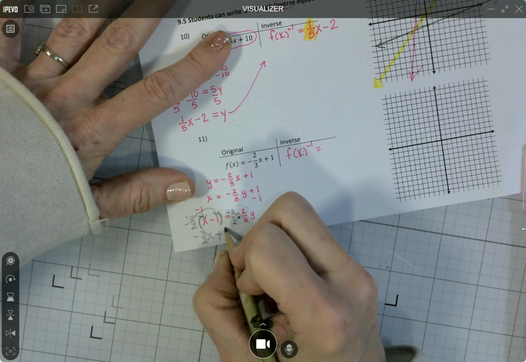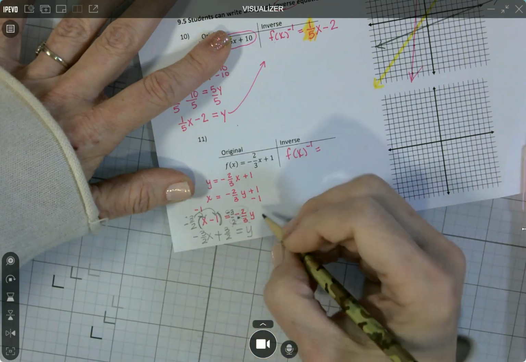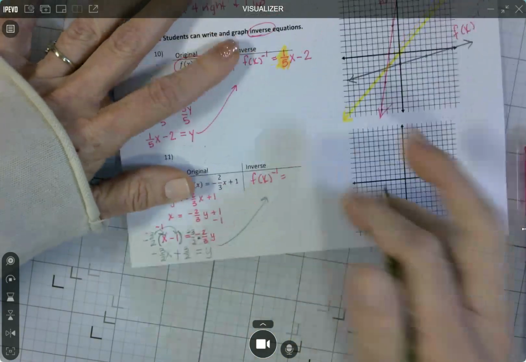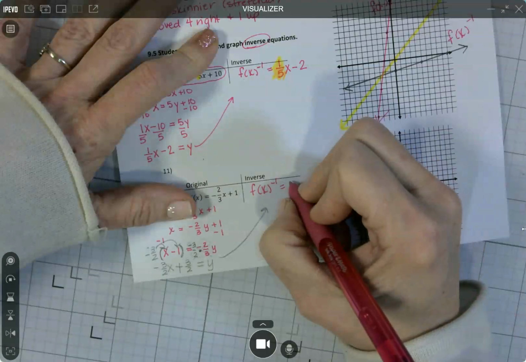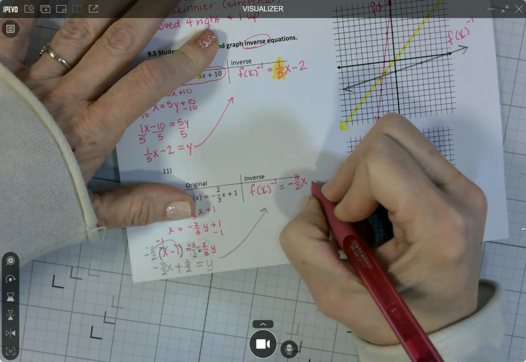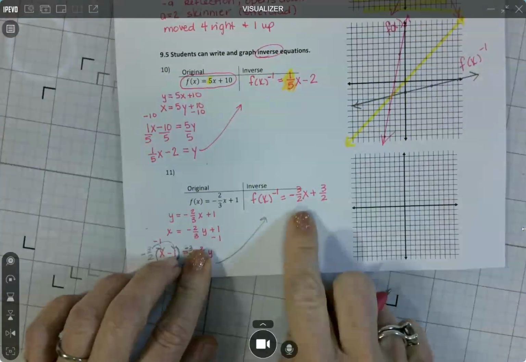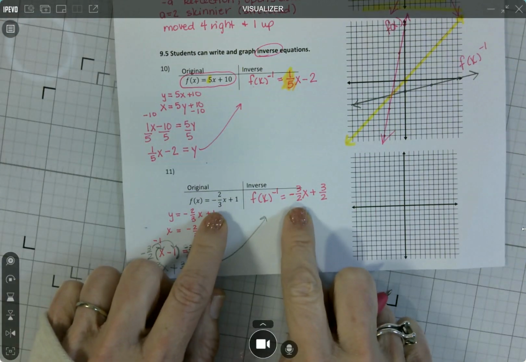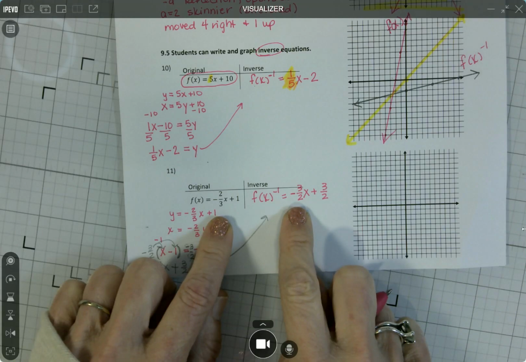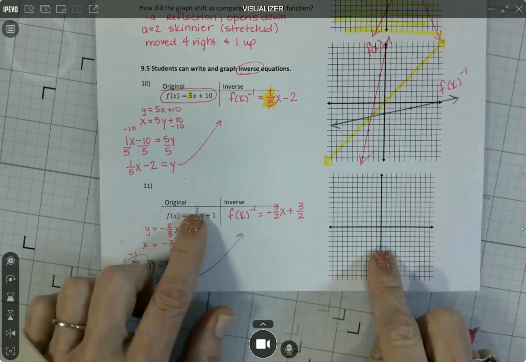Okay, so positive 3 over 2. And then that equals y. And then I'm going to come up here and write that down. I have a -3 over 2x and then plus 3 over 2. Now look right here. Do you see how these are reciprocals? Right? Those are reciprocals.